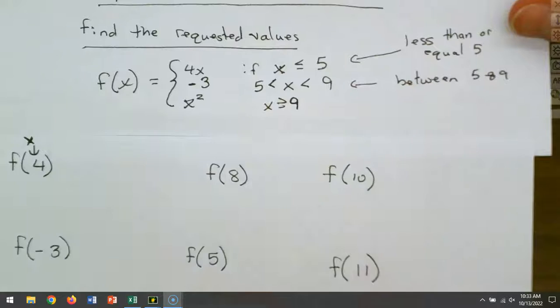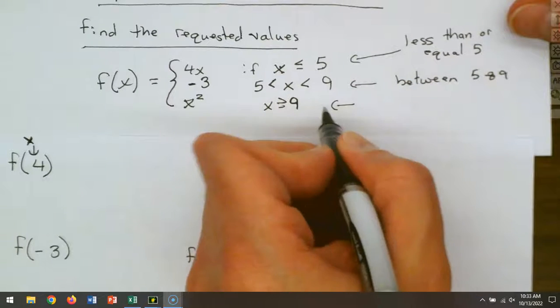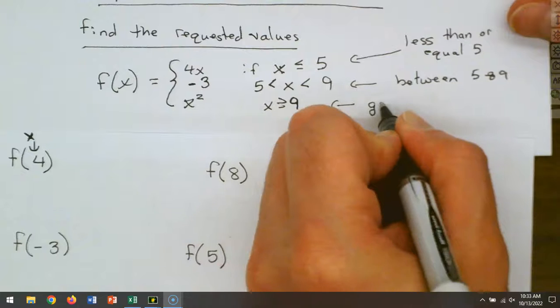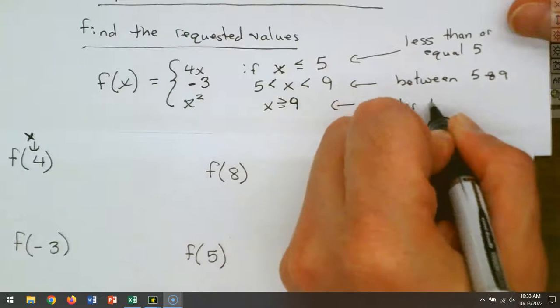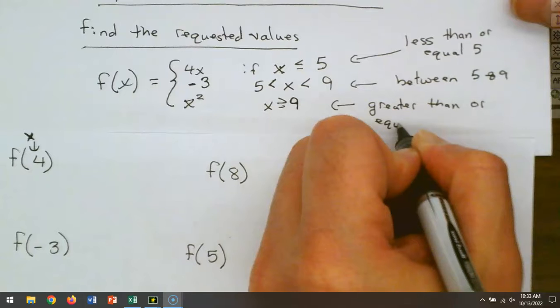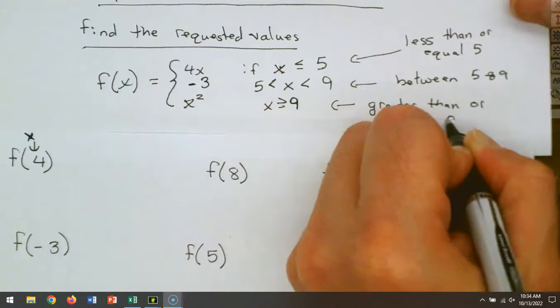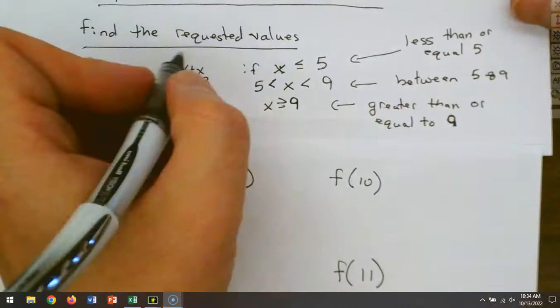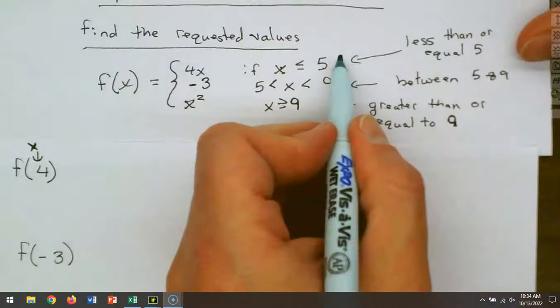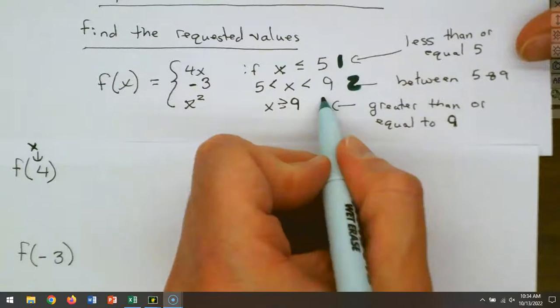And the last row is for numbers greater than or equal to 9. And we're going to label these 1, 2, and 3, just so we can keep track of things.